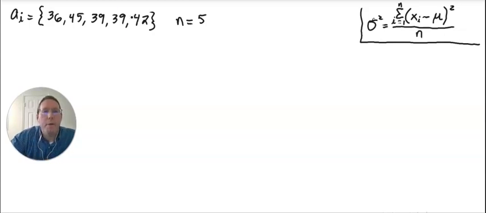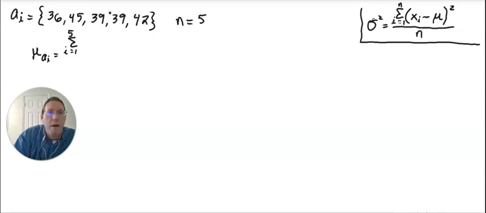And now, in order to be able to identify the variance, we are going to need the mean of these 5 numbers. And so we know that the population mean of A sub i is going to be determined by summing up all of the elements of the data set A sub i from 1 up to 5.